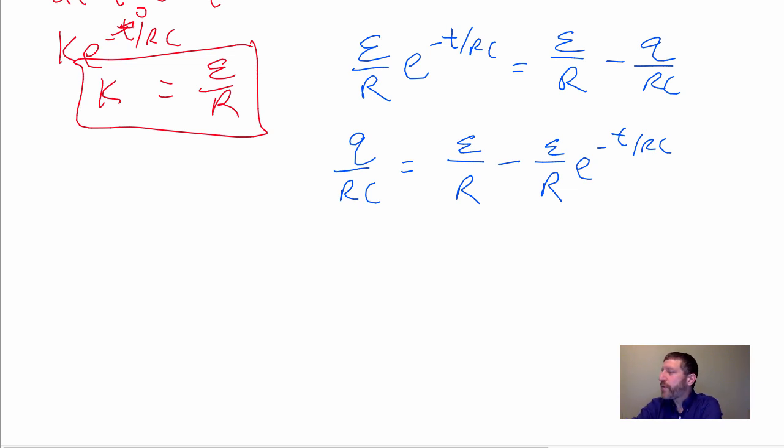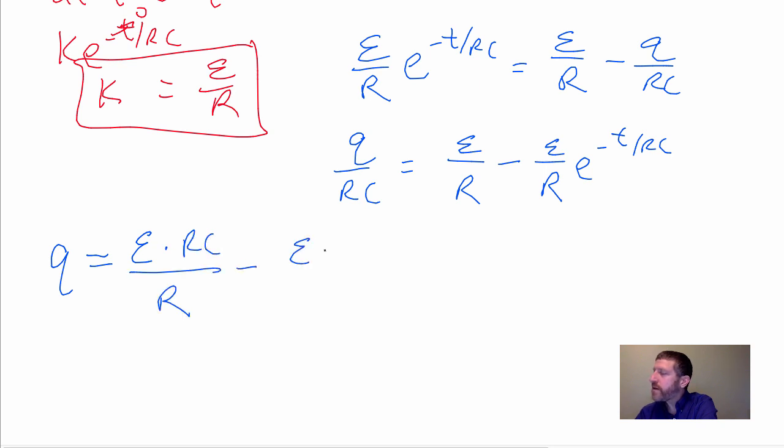Solving for Q, I'm going to multiply both sides by RC. Q equals, and that's a function of time now, E times RC over R minus E times RC over R e to the negative t over RC.